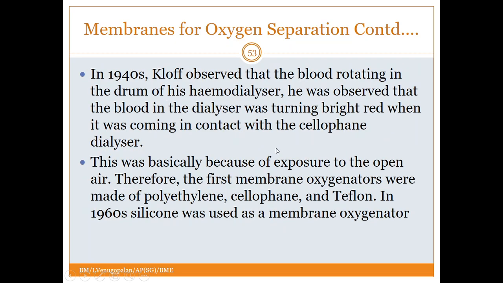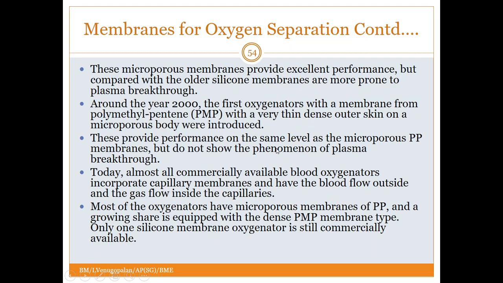But when compared to older silicone membranes, they are more prone to breakthrough. Older silicone membranes were not as porous as the subsequently developed silicone membranes, but they were more sturdy when compared to microporous membranes.